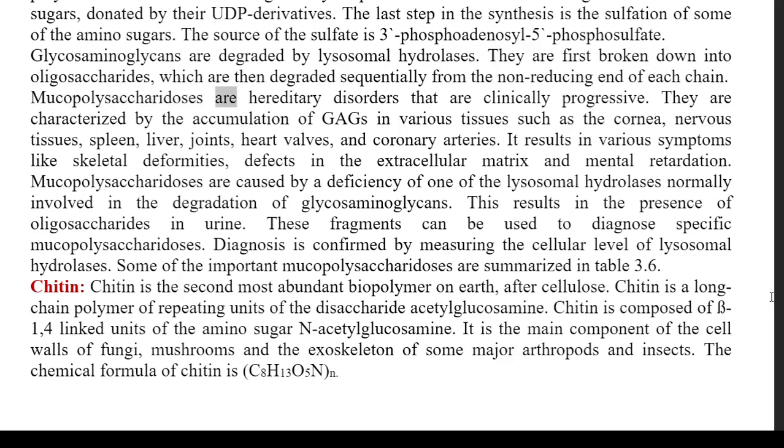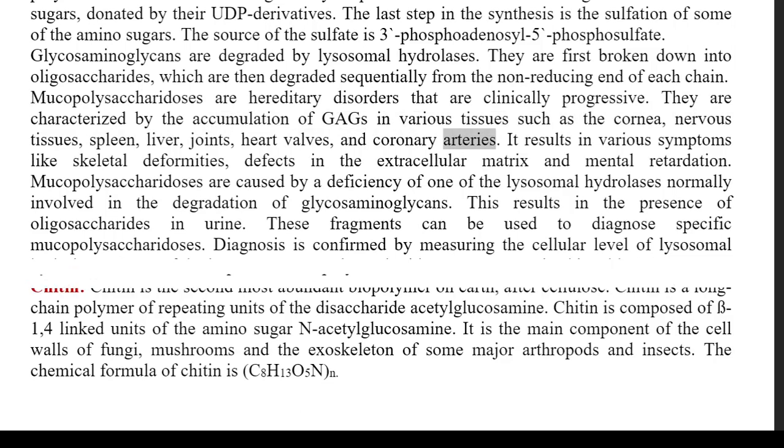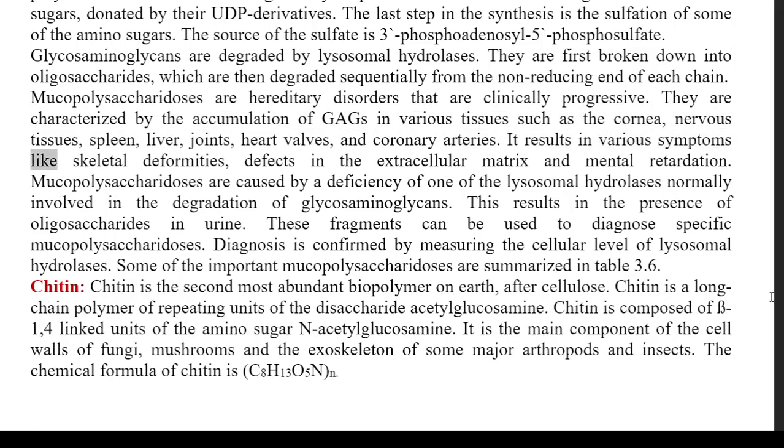Mucopolysaccharidoses are hereditary disorders that are clinically progressive. They are characterized by the accumulation of GAGs in various tissues such as the cornea, nervous tissues, spleen, liver, joints, heart valves, and coronary arteries. It results in various symptoms like skeletal deformities, defects in the extracellular matrix and mental retardation.